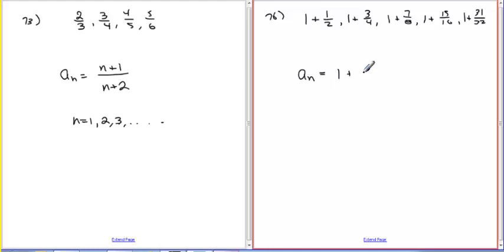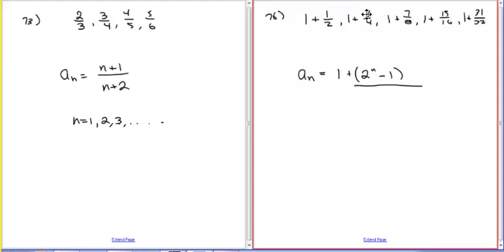So we're going to have 2 raised to the... well, when n equals 1, I want 2 to the first power. So that's good, 2 to the n. And then I subtract 1. So make sure that works here. When n equals 1, I get 2 to the first power, which is 2 minus 1, which is 1.